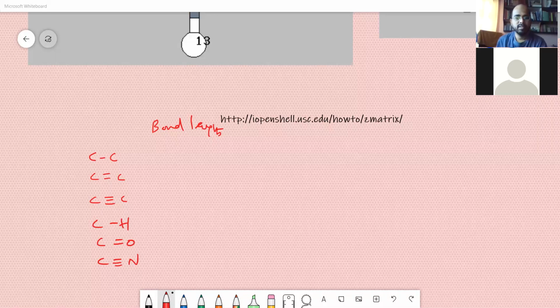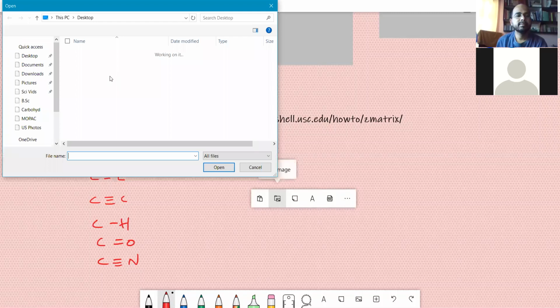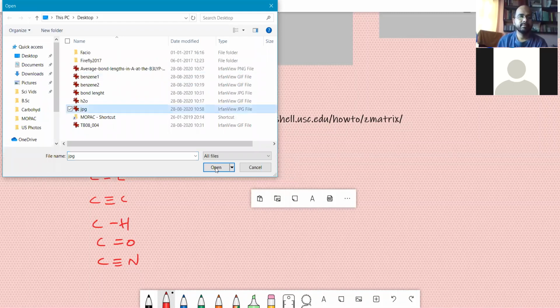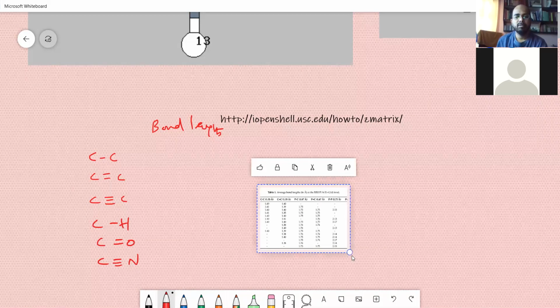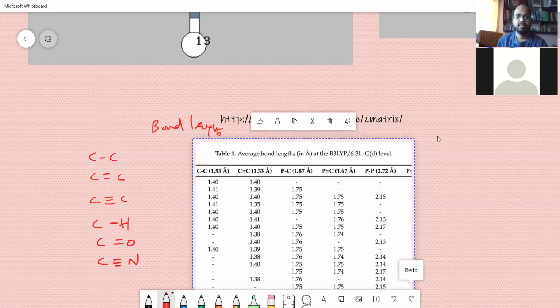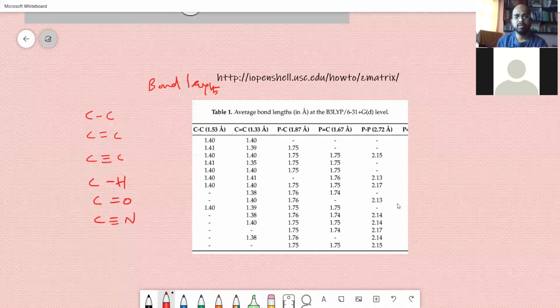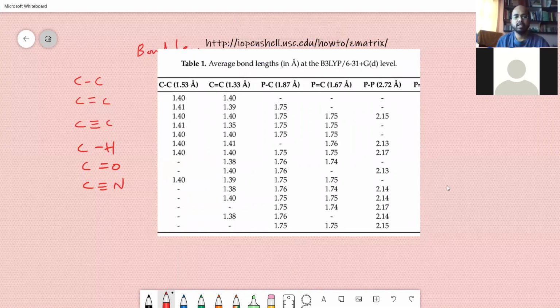I'll just tell you the bond length there. Here it is. Have a look at this average bond length. This is knowledge almost every chemistry student should get by heart.